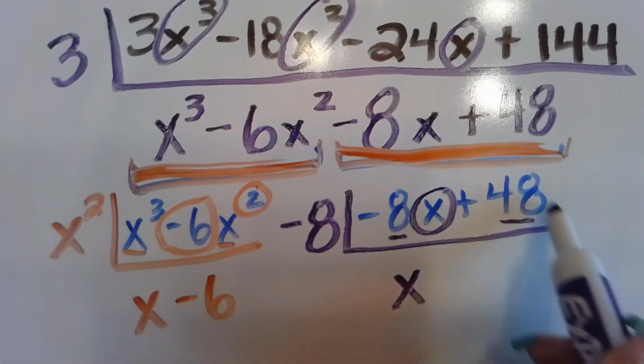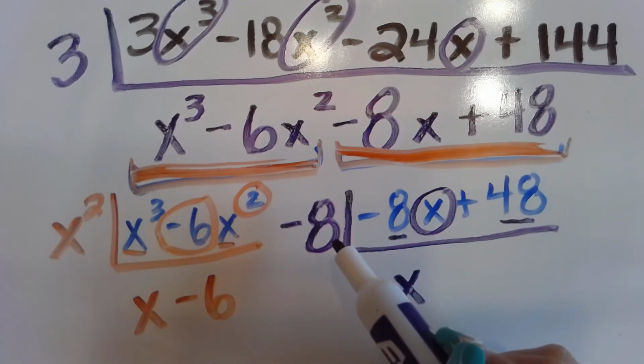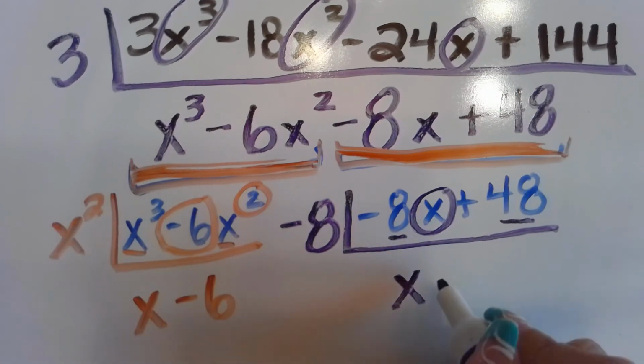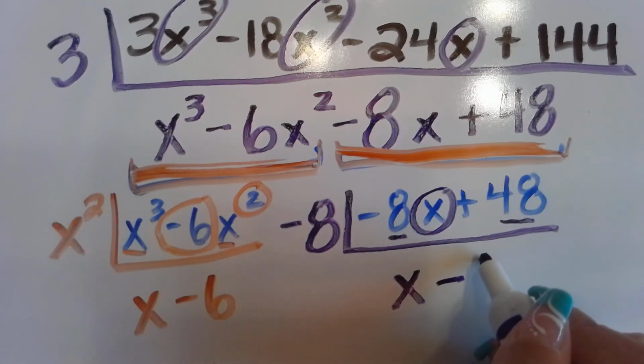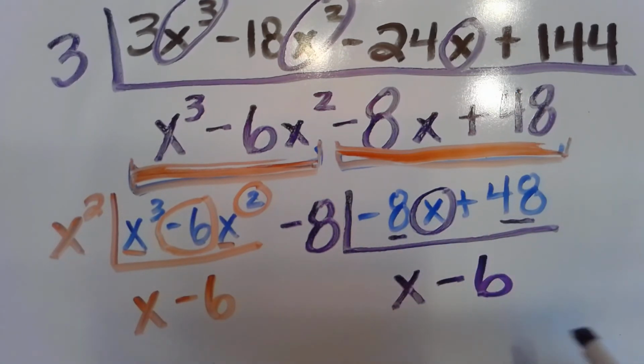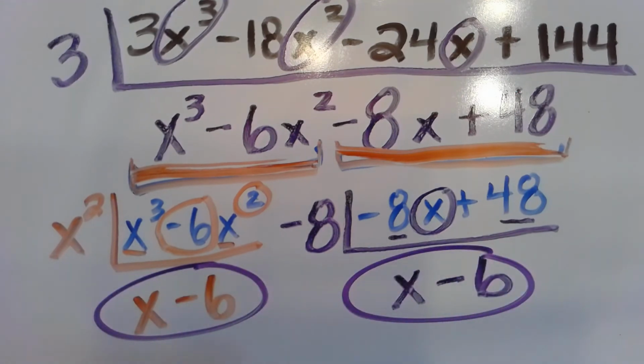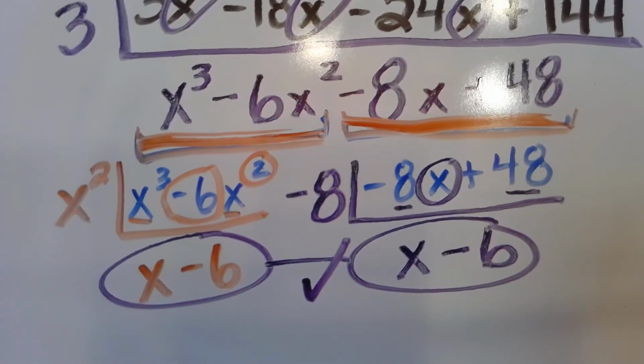And then we have positive 48 divided by negative 8, and a positive divided by a negative makes a negative. 48 divided by 8 is 6. And look, these two match. Awesome, right?